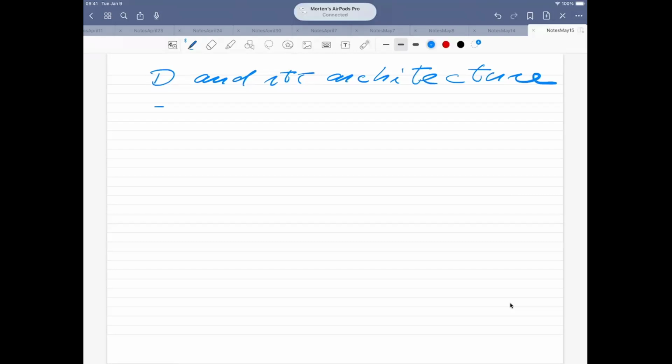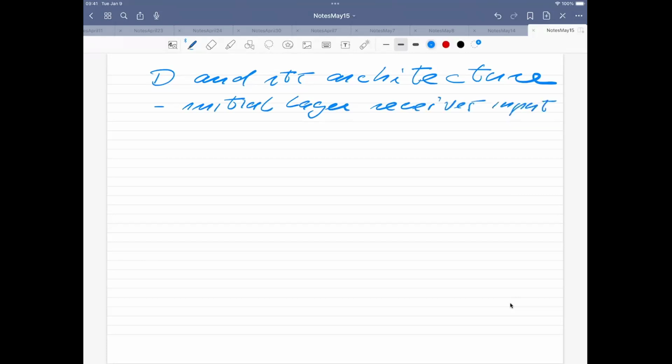So this means that the initial layer receives the input. And since we are dealing with the MNIST data set, the original data set has 28 times 28 pixels. So that's the shape. And then you have something like 60,000 images.